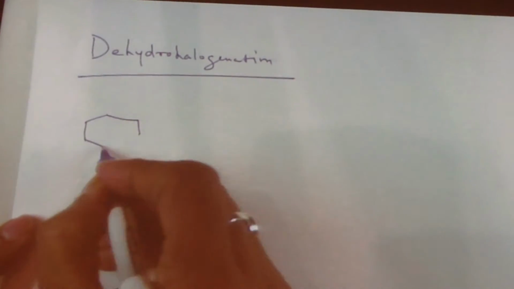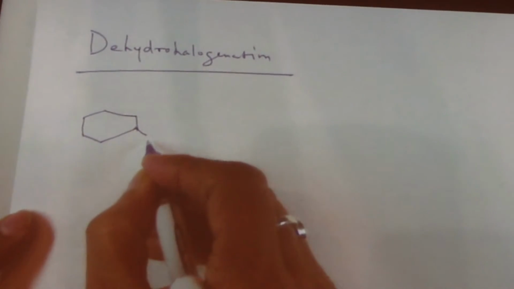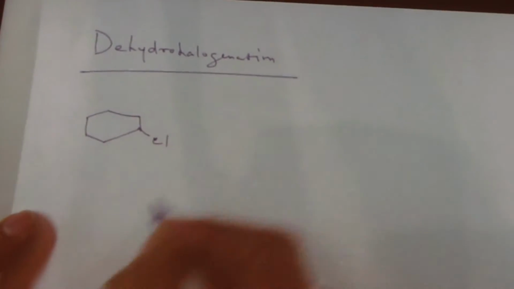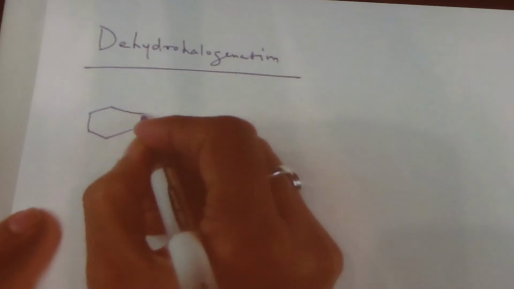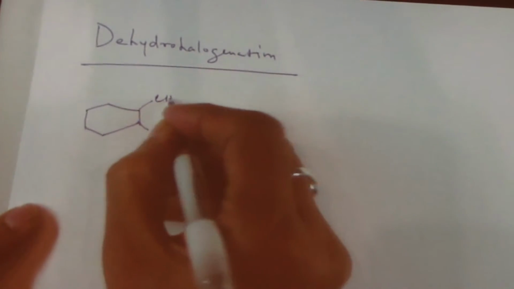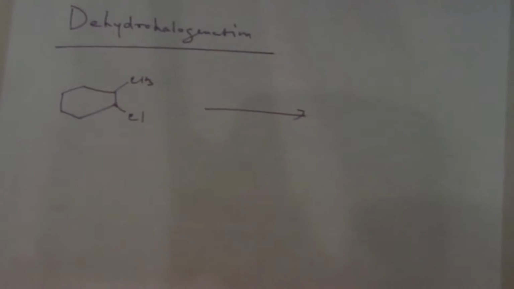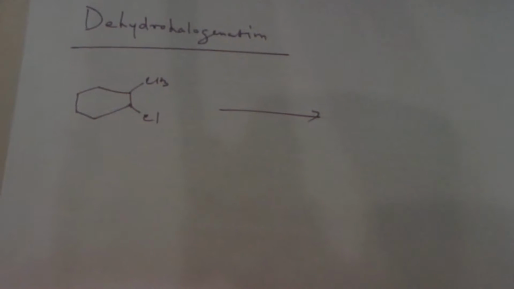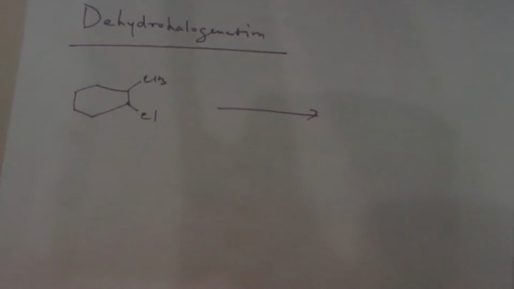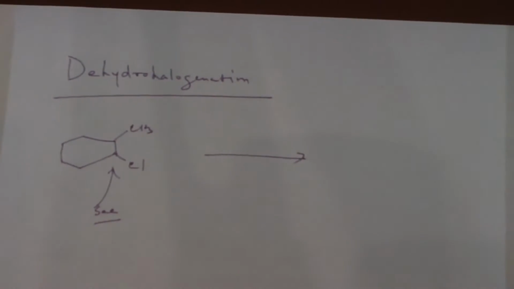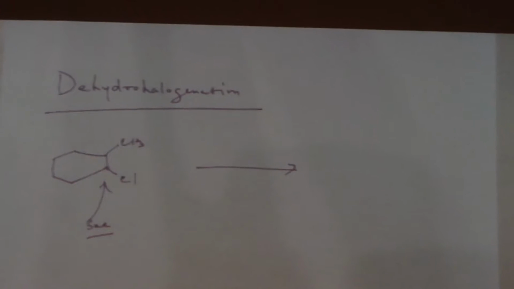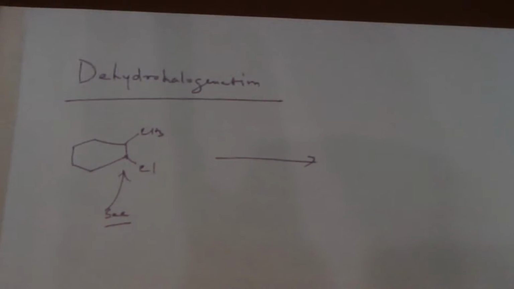So let's say we have a halide, and in this case I have written a secondary halide. Okay, this is a secondary carbon. But it can also be primary or tertiary depending on the situation.